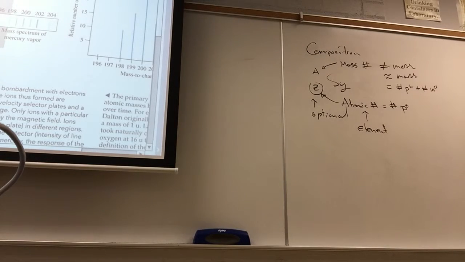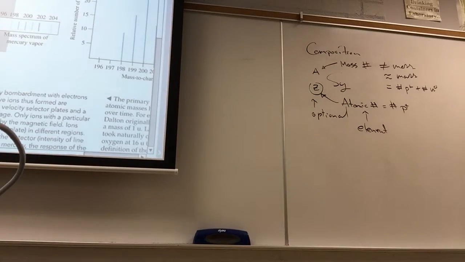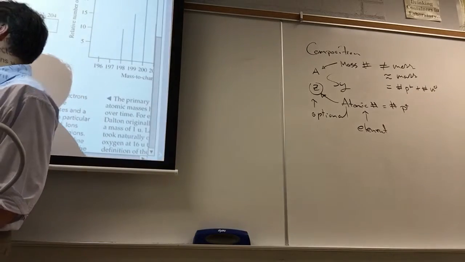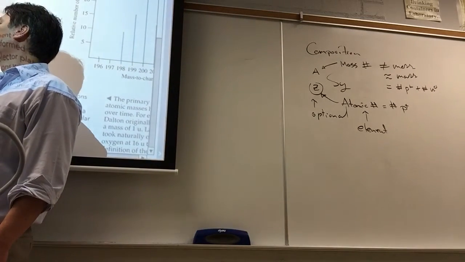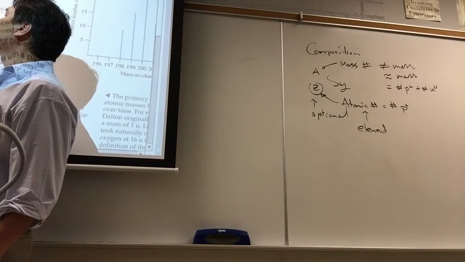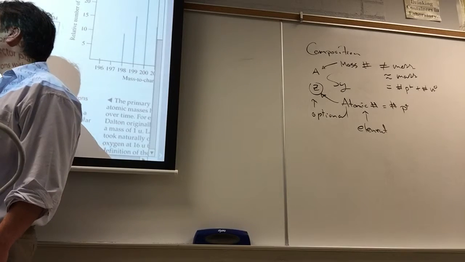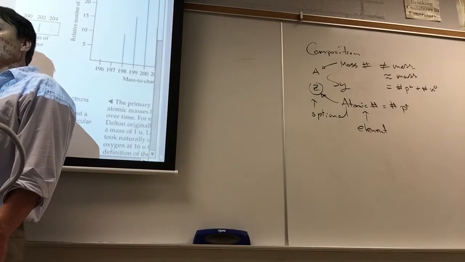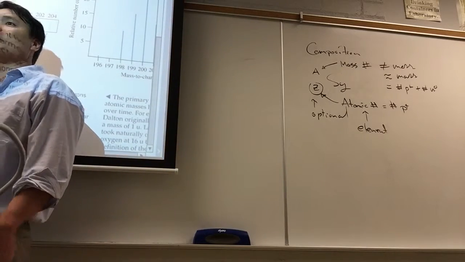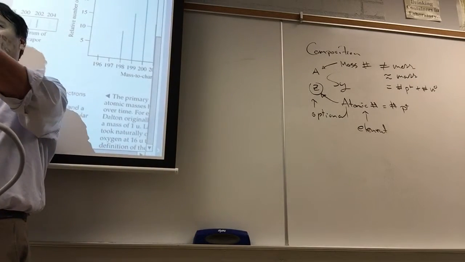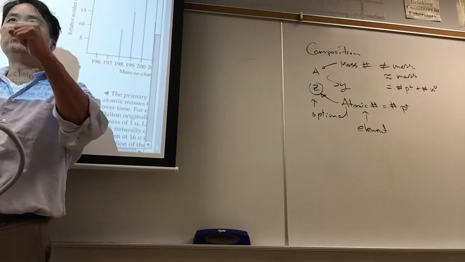How do we weigh single atoms? Well, we have a special instrument that can do that, called a mass spectrometer. In the mass spectrometer, it shoots a stream of atoms here. The atoms are neutral, so they aren't going to be influenced by the magnetic field. This is a magnet here. But what you do is you charge them. You either shoot a beam of electrons, i.e. cathode ray, or you shoot something else at these atoms as they pass by. Either they pick up an electron, or you knock an electron off.